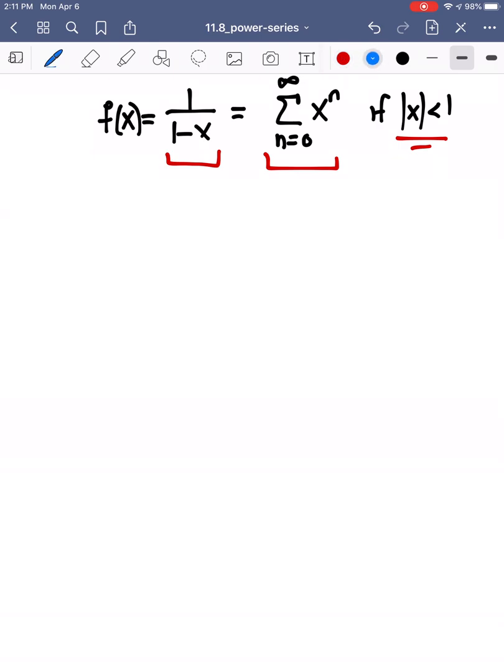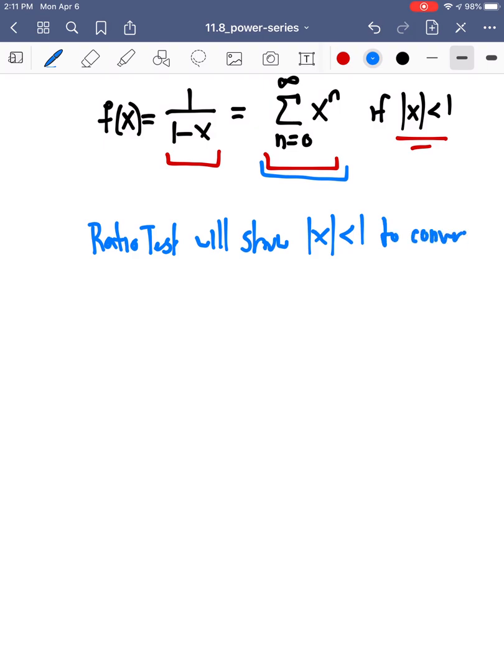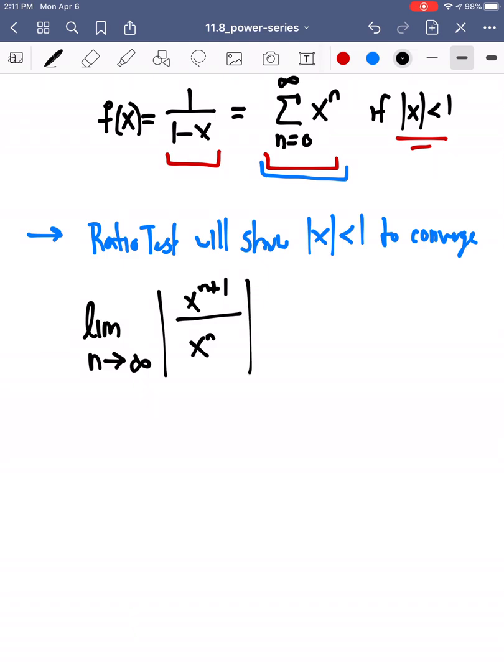And if we're just handed this power series, we could see why x has to be less than 1 if we just hit it with ratio tests like we did in the previous video. So let's do that very quickly. If we hit this with the ratio test, well, the limit as n goes to infinity of the next term in the series, which is just x to the n plus 1, all over x to the n.